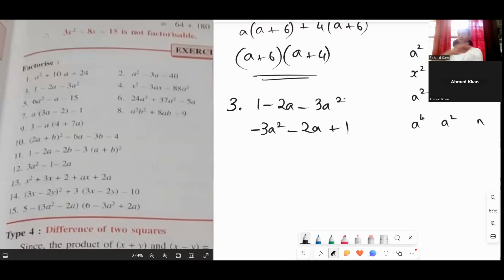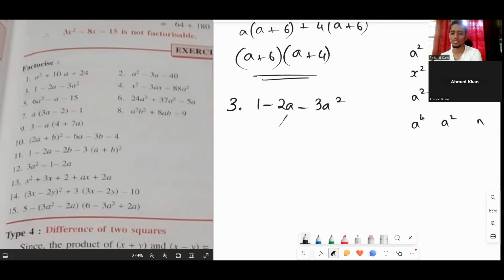You can even write it in the reverse order, it will still work, because the middle term is still the same. What's the middle term? In fact, I would prefer you do it the first way because there's no minus in the front. When there's a minus in the front, it'll be a little confusing. So you can leave it this way itself. That means first the number term, then the a term, and then the a square. That will also work fine. Okay, so let's leave it like this.